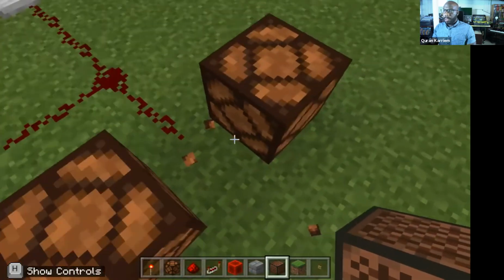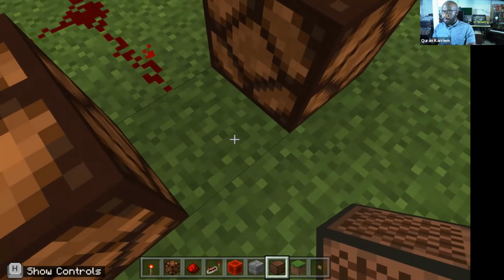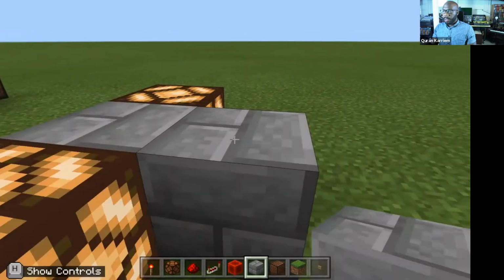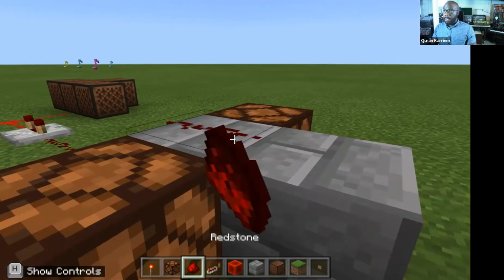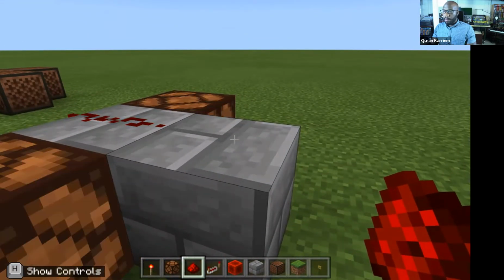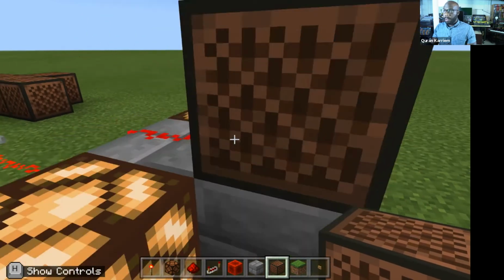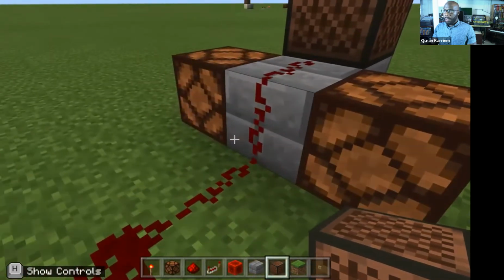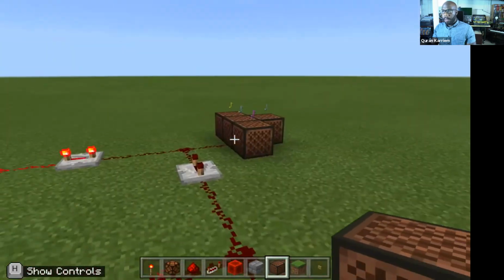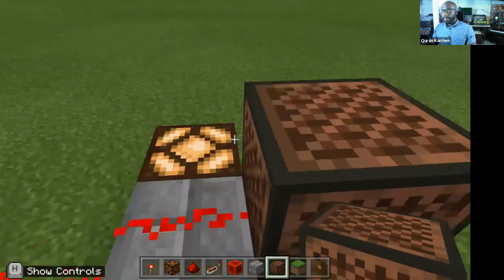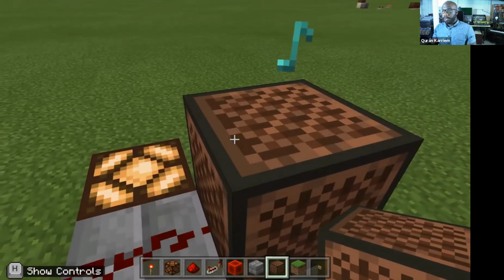So I'm going to stick it on top of some stone this way. Okay, so different drum sounds.